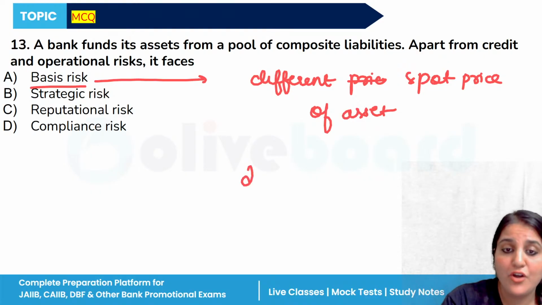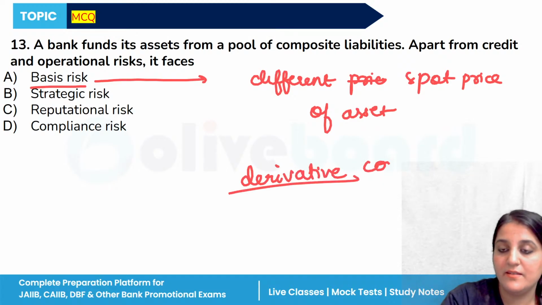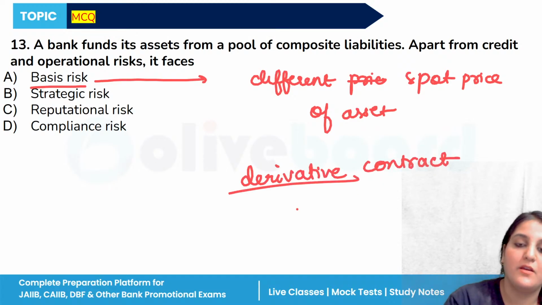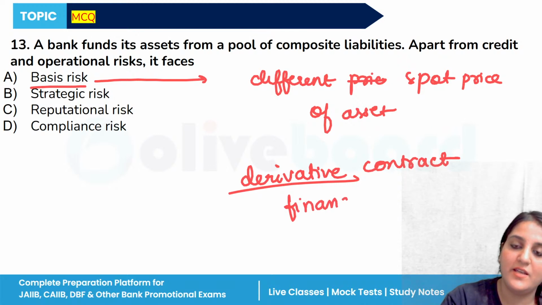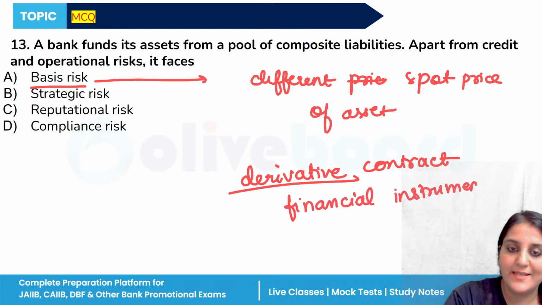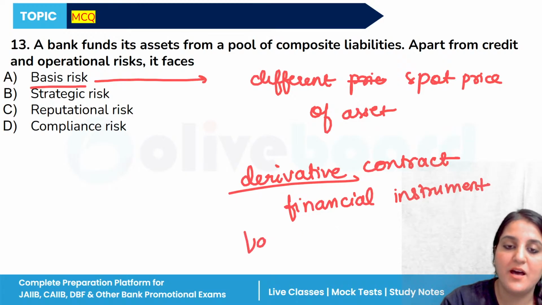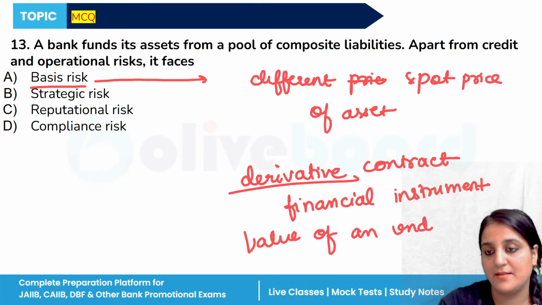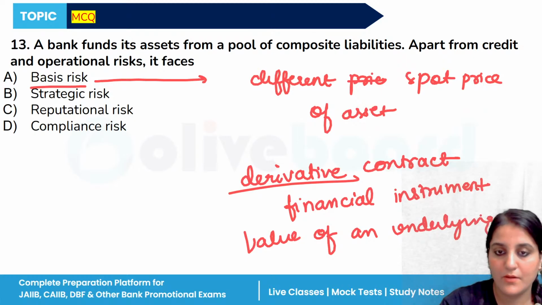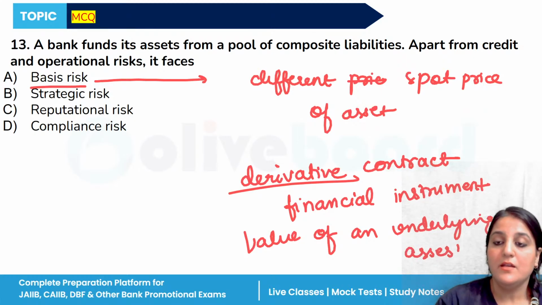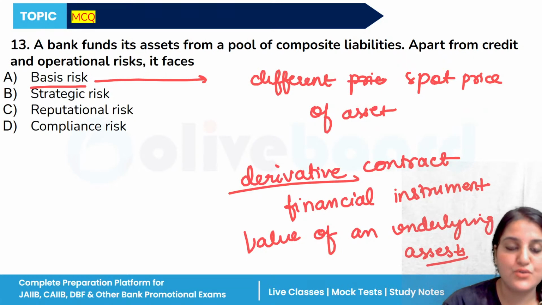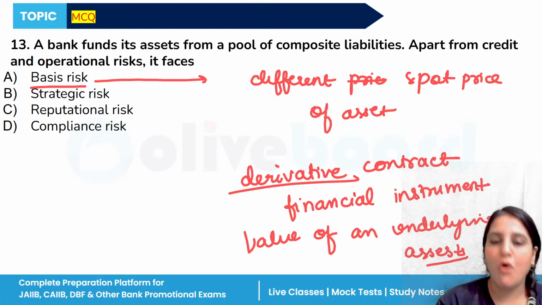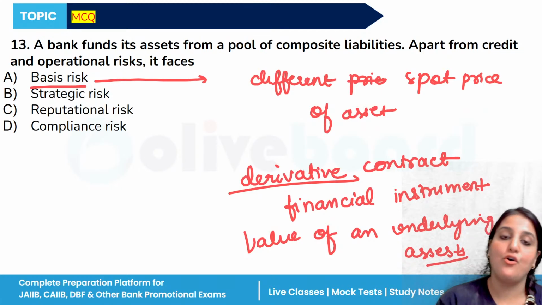A derivative contract is a financial instrument which is derived from the value of an underlying asset.